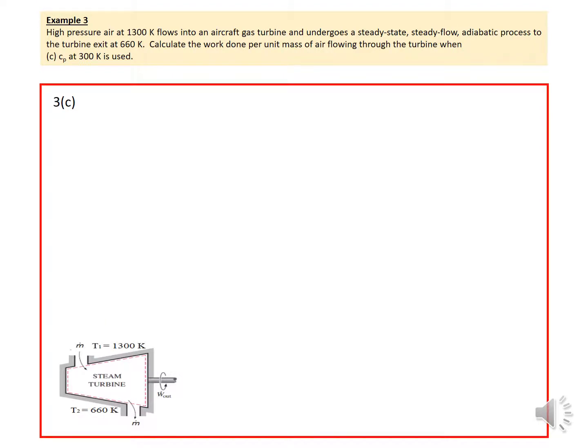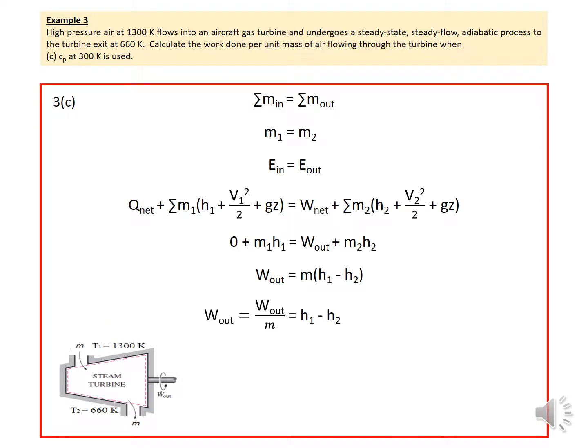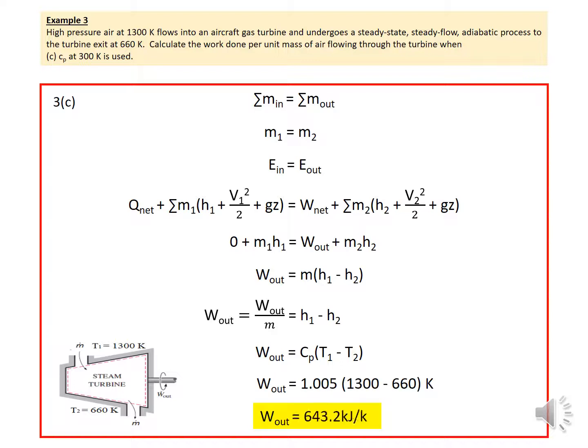Now for question 3C, we apply the equation like the previous slide. To find the W out, we apply W out equals Cp multiplied by (T1 minus T2). W out equals 643.2 kilojoule per kilogram.